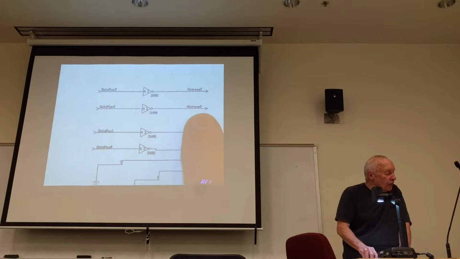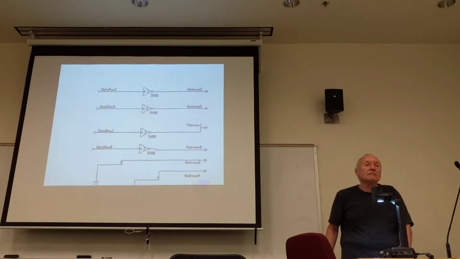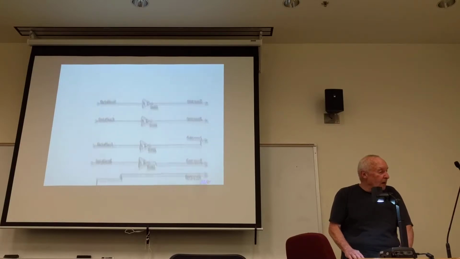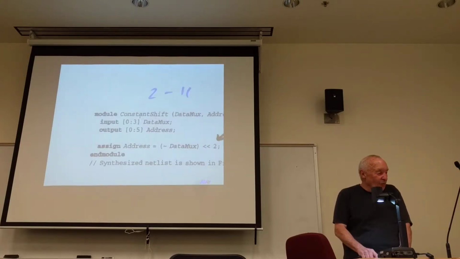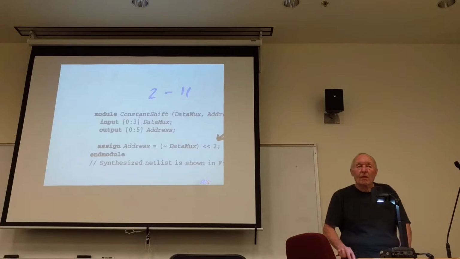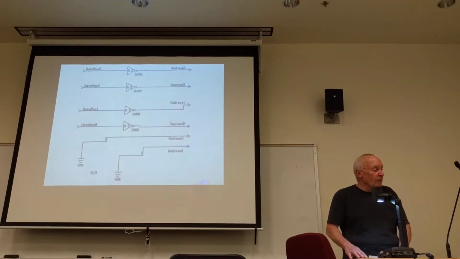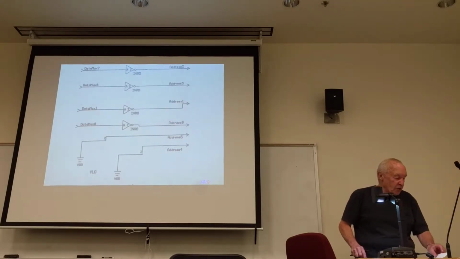So there's address 2, address 3, address 2, then address 1, then 0, then 5 and 4. I will point out the way this was declared, 0 is the most significant bit. Right? Okay, so very simple, straightforward circuit if I have a constant shift.